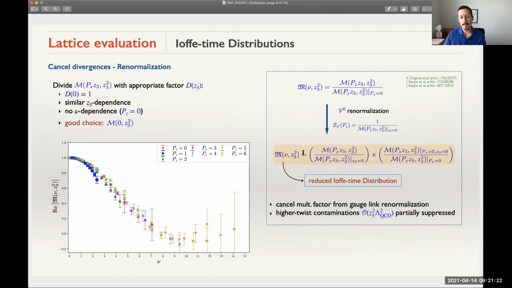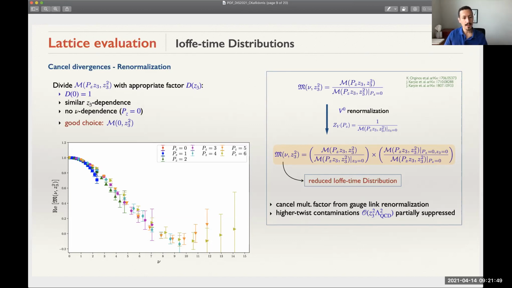And with this ratio, the multiplicative factor coming from the gauge link normalization cancels out. It's also expected to have some partial suppression of the higher twist contaminations that enter this matrix element. And I show here how this reduced Ioffe time distribution looks as a function of the Ioffe time.